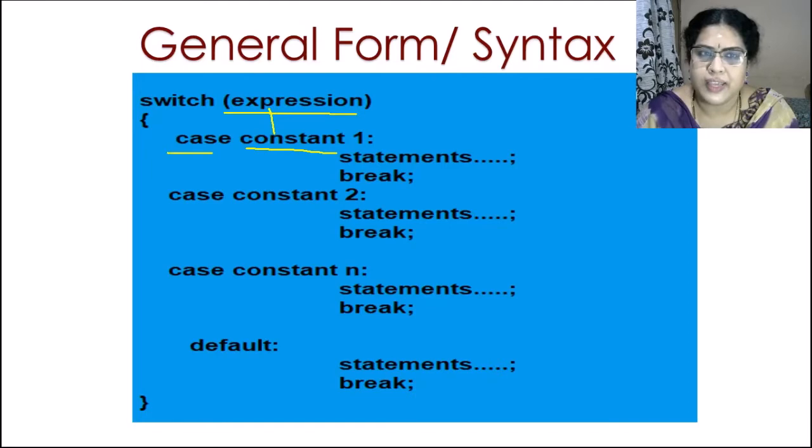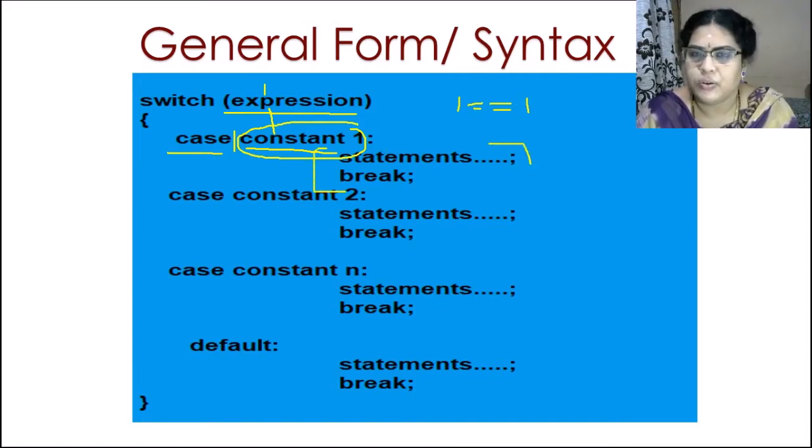Case is a keyword here, and the constant can be an integer, a character or a string, but it should not be a float or a double. For example, if I put case 1 and this expression also contains 1, it is going to check whether case 1 and this expression are equal. If both are equal, it is going to come to this block of statements and execute this block.